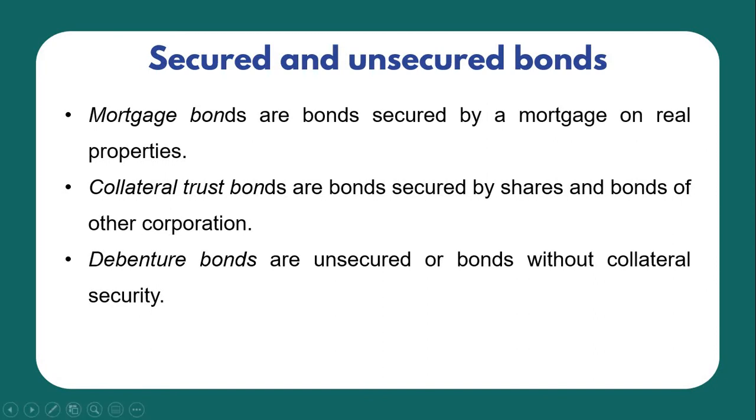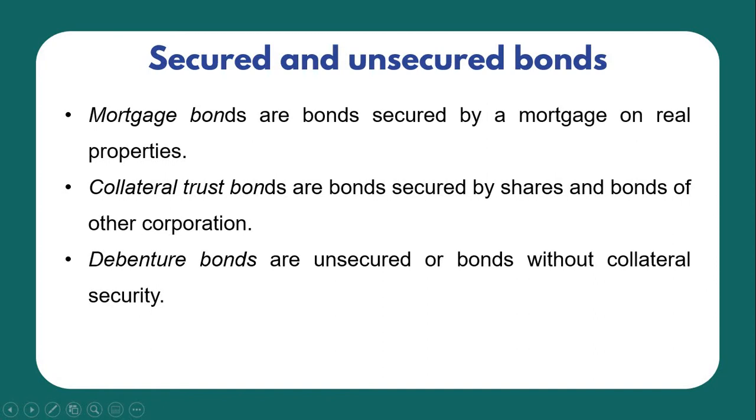Okay, so we have mortgage bond. Mortgage bond is a secured bond because there is a corresponding mortgage, and that is a mortgage on real property, meaning naay collateral. Okay? So, si issuing entity, nag-collateral siya sa iyahang real property to the investor in exchange of the bonds issued. Okay? Next is collateral trust bonds.